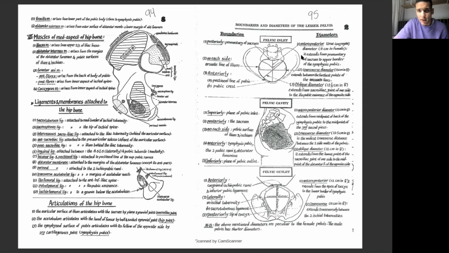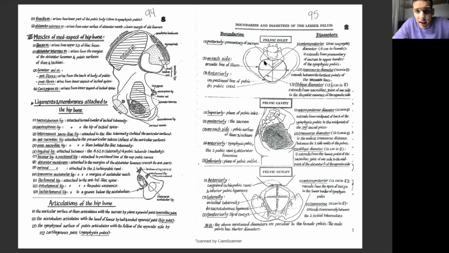So one thing you have to mention about the pelvic inlet is what makes up this circular border right here. You need to know exactly what those boundaries are in this circle. So in the beginning, I would start by saying posteriorly, the pelvic inlet is made up of the promontory of the sacrum, right here. The promontory of the sacrum is just the part of the sacrum that is in the middle and in the posterior aspect.